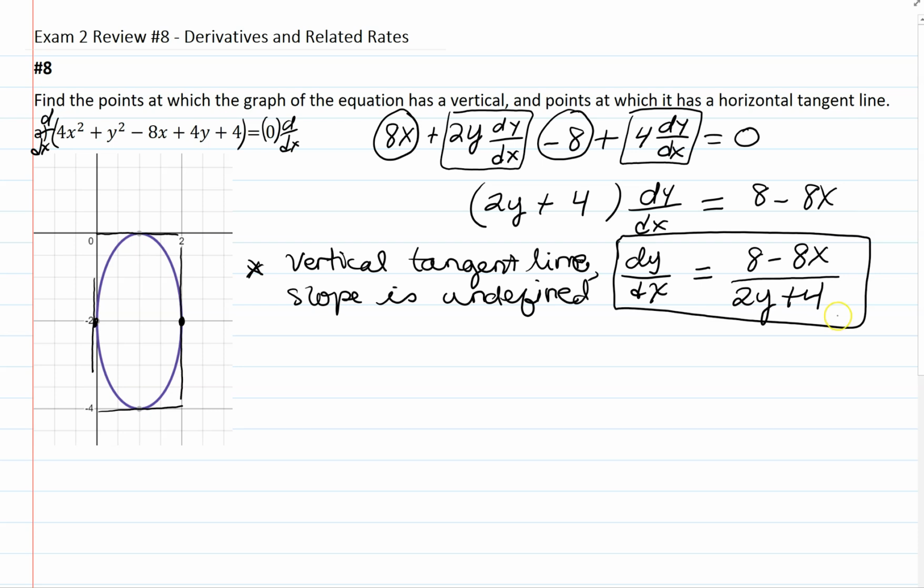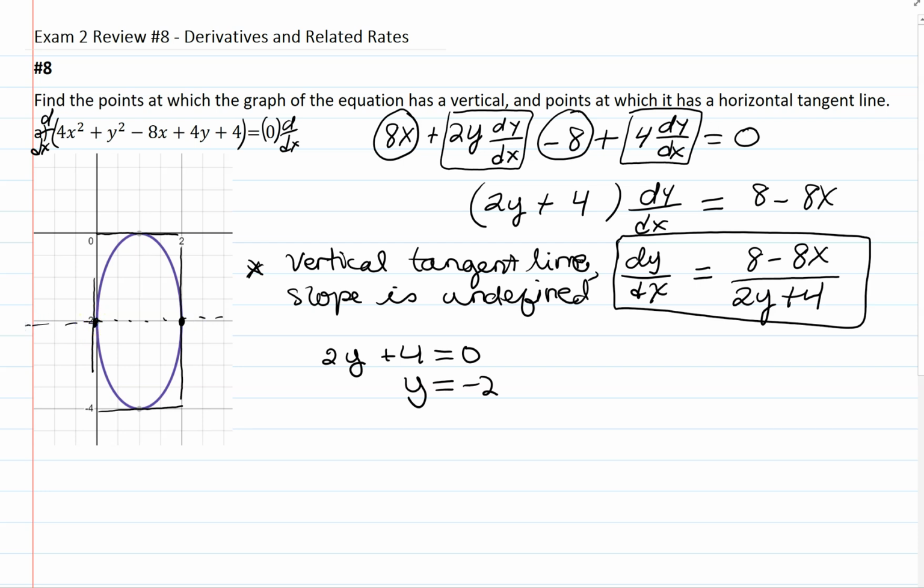So the denominator 2y plus 4 equals 0. So y is equal to -2, right?